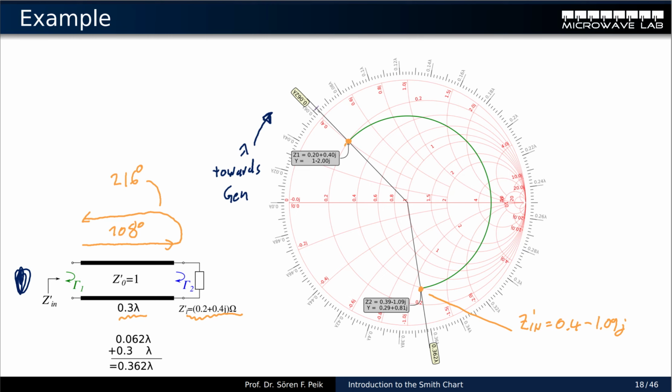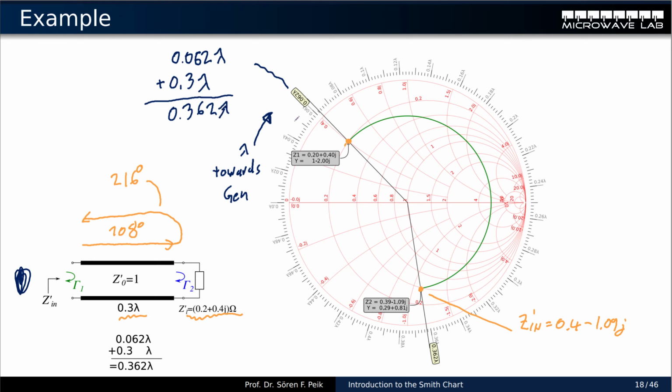Coming back to our example, we start at 0.062 lambda. We insert 0.3 lambdas in length. So we have to add 0.3 lambdas in order to get to our endpoint, which should be 0.362 lambda.